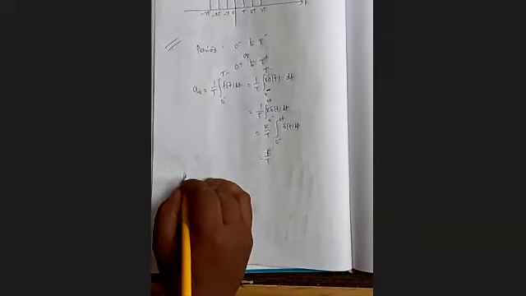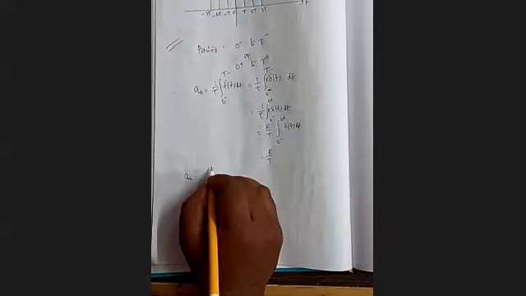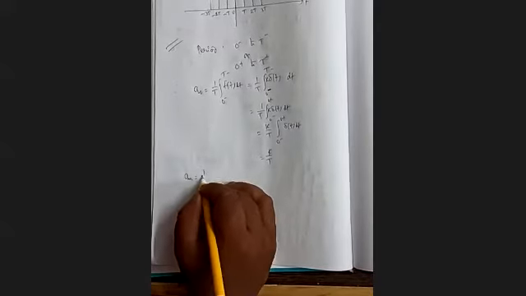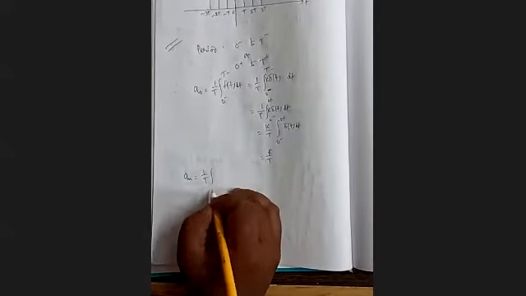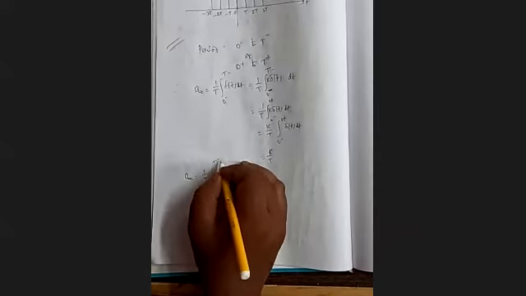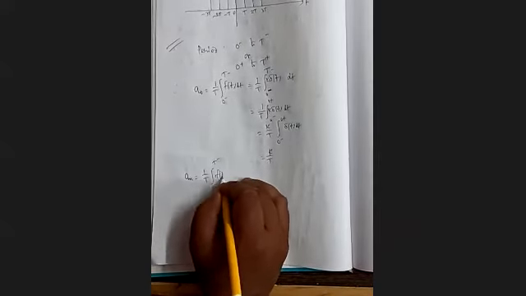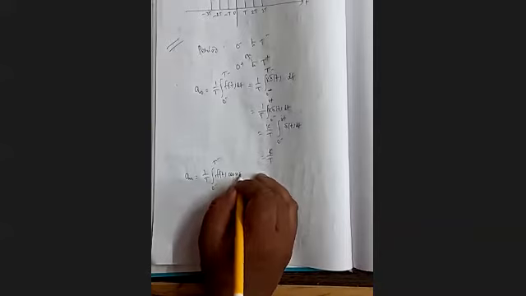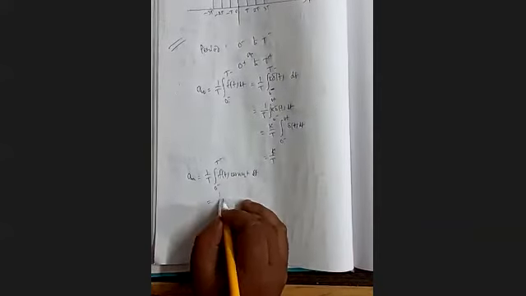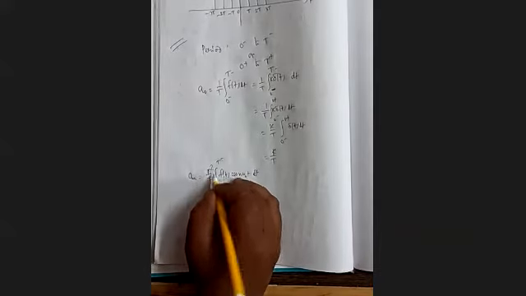Now, what about our an? Our an is 1 by T integration from 0 minus to T minus of f(t) cos n omega 0 t dt. Actually it's not 1 by T, it's 2 by T. Everywhere it is 2 by T, for an and bn.